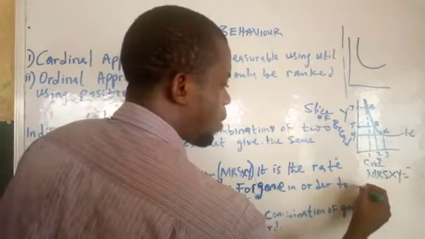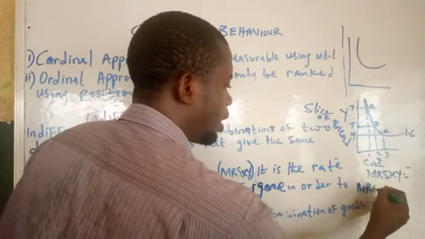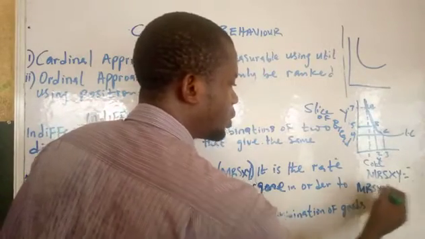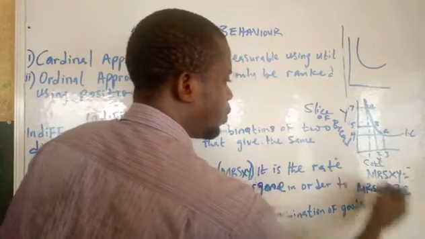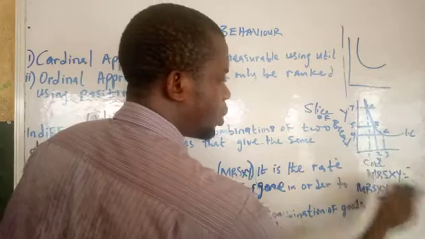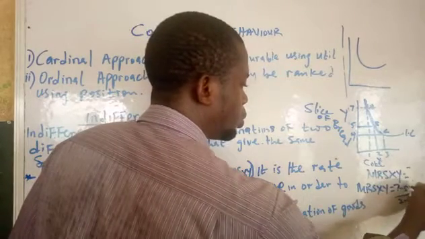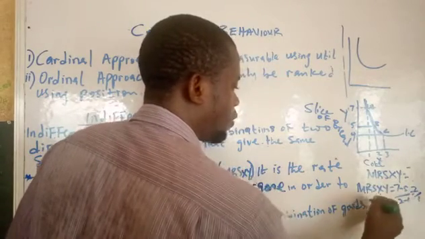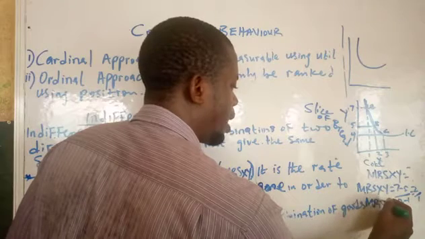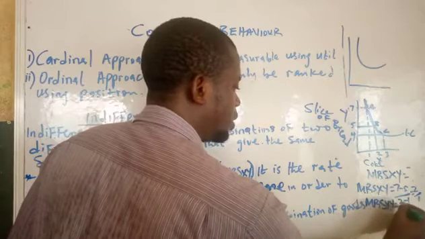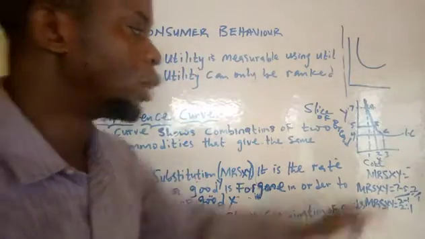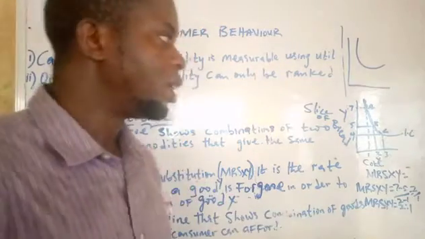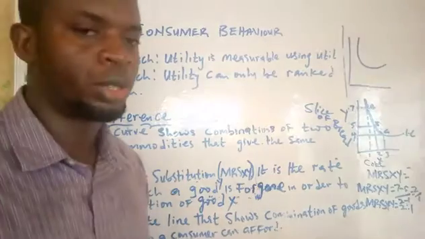So it's going to be MRXY equals 7 minus 5 over 2 minus 1, which is going to give you 2 over 1. So your final answer will be MRXY is 2 ratio 1. You have to put it in ratio. 2 over 1 will become 2 ratio 1. So that's how to find your marginal rate of substitution.